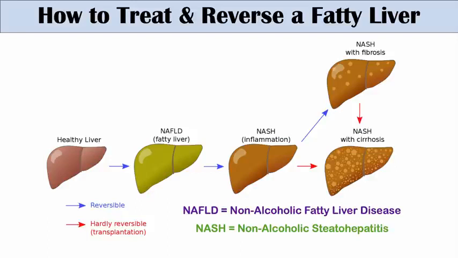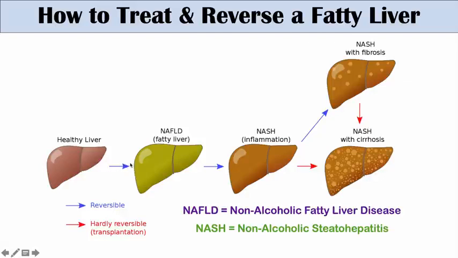Now, your liver is a very large organ located behind your right rib cage, and it does extend a little bit down into the right upper abdomen. And what happens in non-alcoholic fatty liver disease? Now, there are many reasons why this happens, and if you want more information, please check out my lesson on non-alcoholic fatty liver disease. But there are several different risk factors and different pathologies as to why this happens.